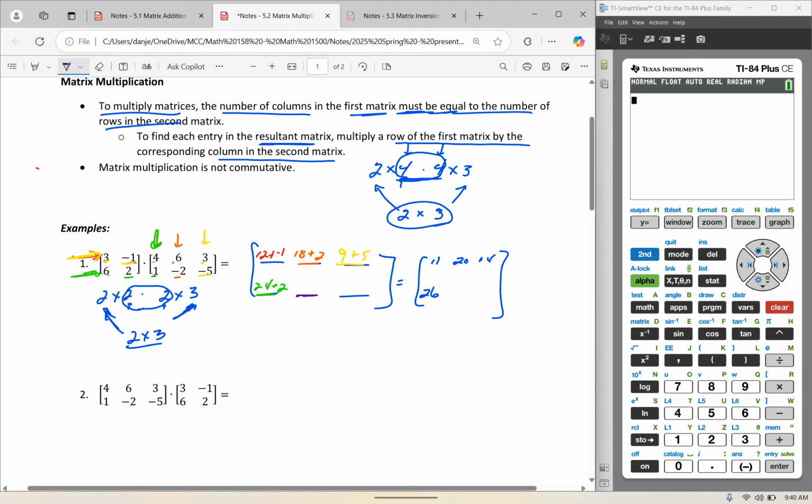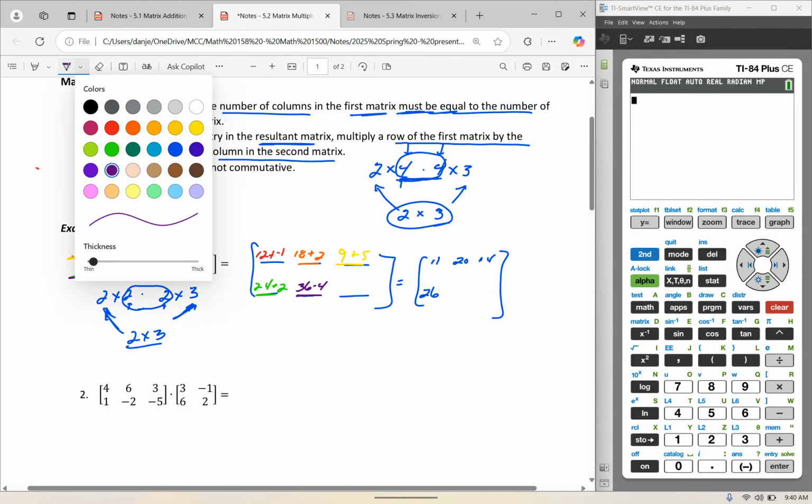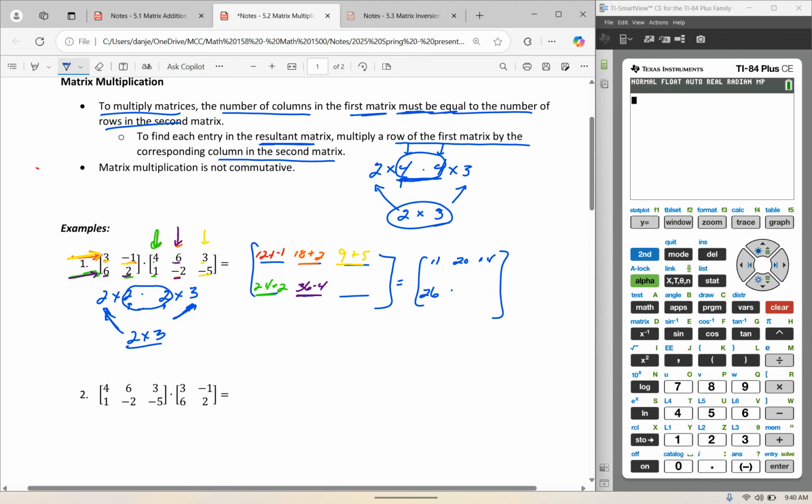To get the element that's in the second row, second column, I'm going to multiply the second row times the second column. So 6 times 6 is 36. 2 times negative 2 is a negative 4, and that result is 32.